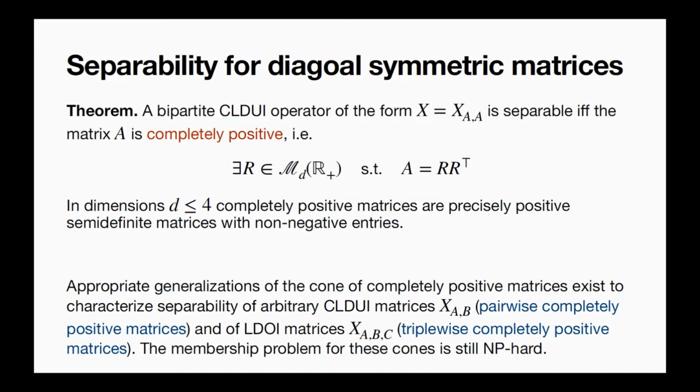So this is kind of an advertisement for the fact that these families that we are looking at are rich. In general, detecting separability or entanglement is a hard problem. You don't have many tools, but here it corresponds to something which has been studied before, so there are some tools that you can use to analytically tackle some of these questions.